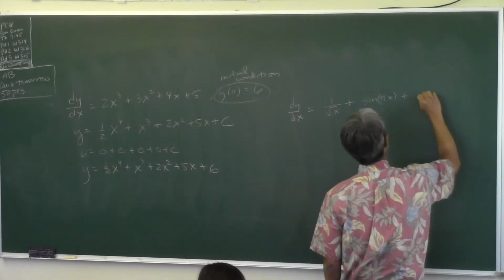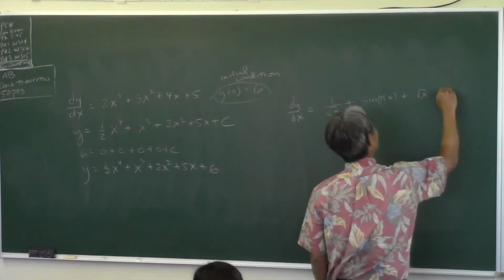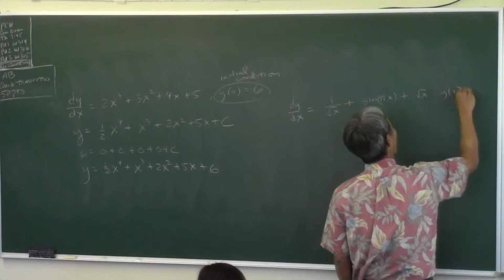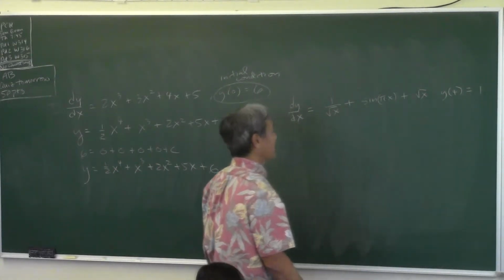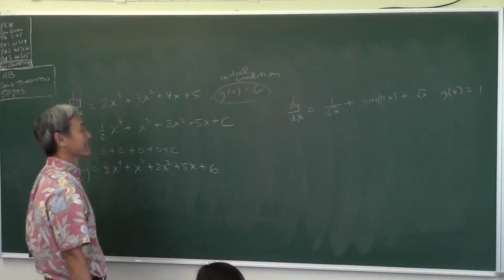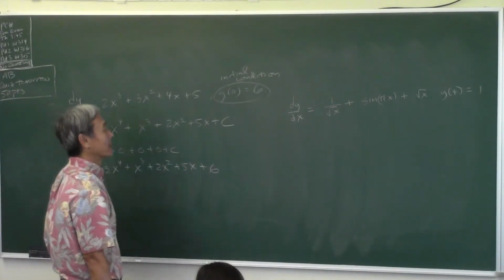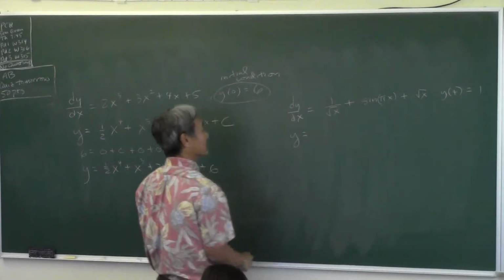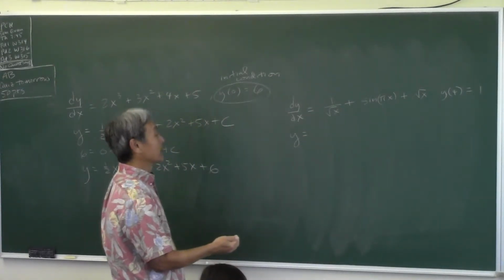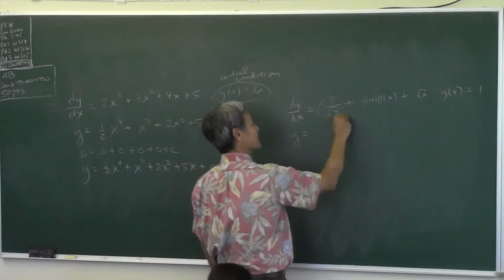No, that's too easy. Yeah, let's go to root x. And initial condition, y of 4 is equal to 1. Okay, so here we go. What is the original function? Take the antiderivative. What's the antiderivative of this now?